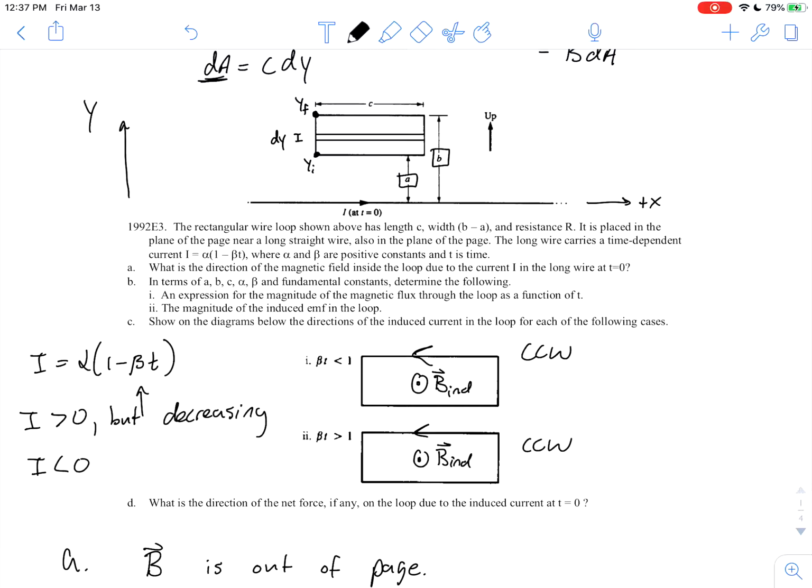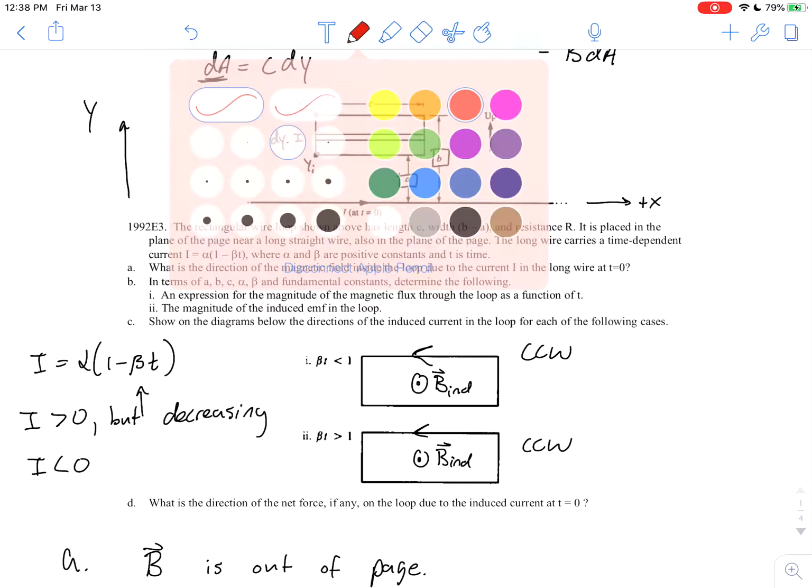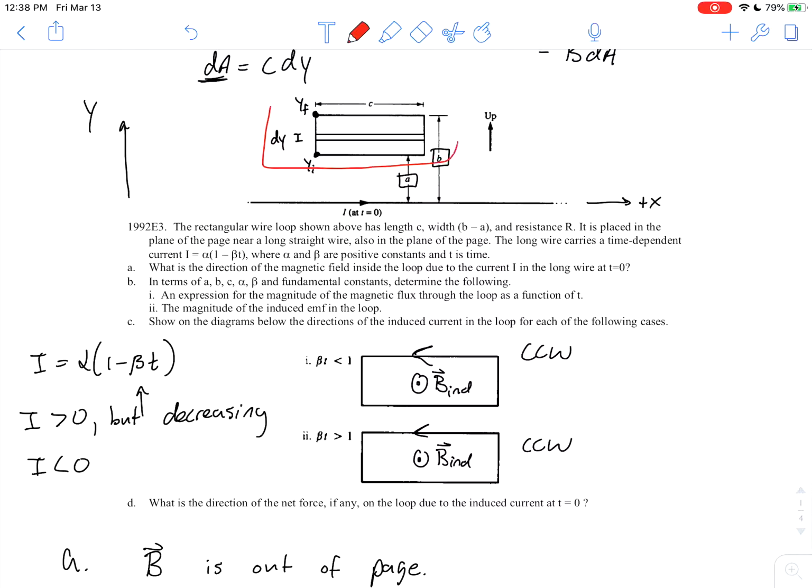And so that means that the current must actually be positive, or to the right, but it's decreasing. So B field is out of the page, which means that the flux is out of the page, but that flux should be decreasing, which means the induced current at first is going to be out of the page also. So we're going to see a counterclockwise current in this main picture that we have. So basically the same exact as the other two pictures.